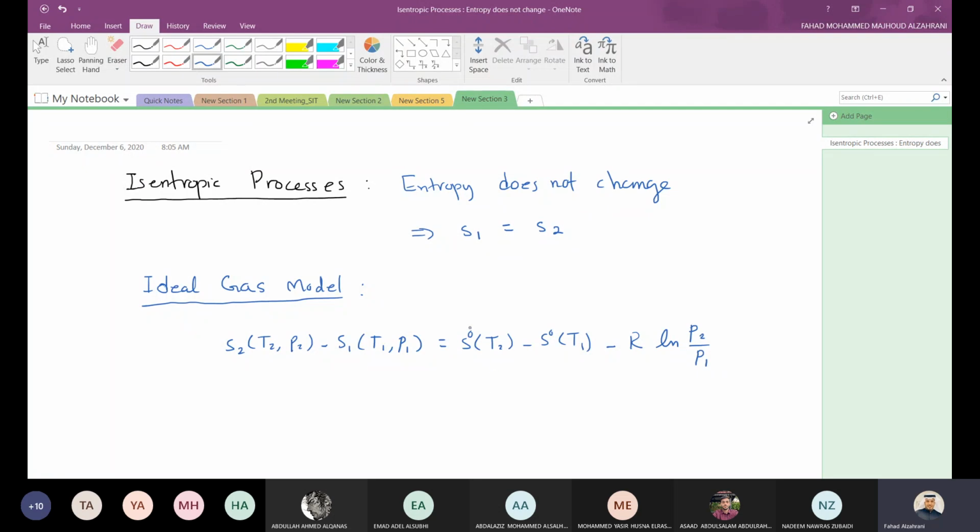So for an isentropic process, for S1 equals S2, what happens?